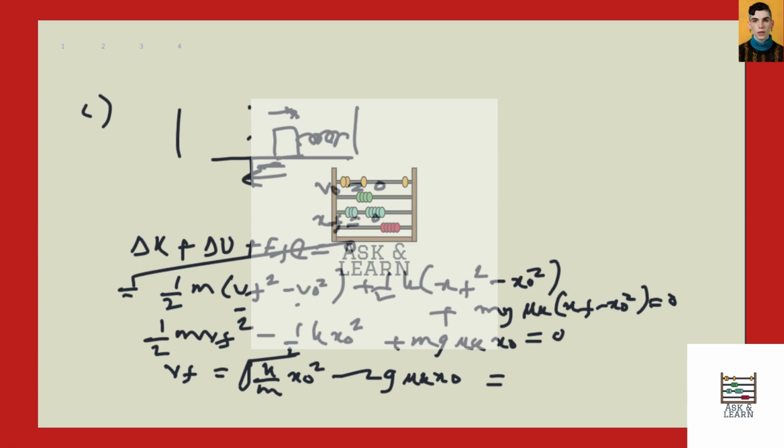We can rearrange this equation and plug in the values: k as 120 newtons per meter, mass as 2 kilograms, x naught as 0.1258, g as 9.8, and mu k as 0.3. We get 0.458 meters per second, which is approximately 0.5 meters per second. So that is our solution to C.